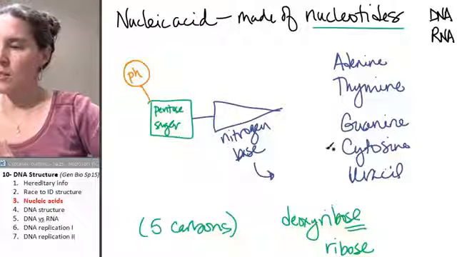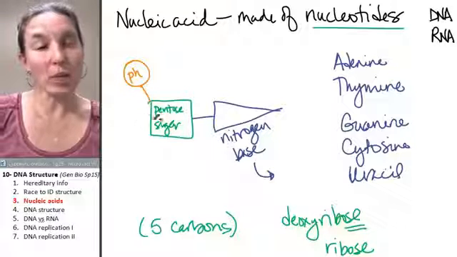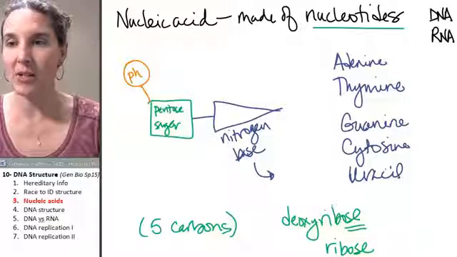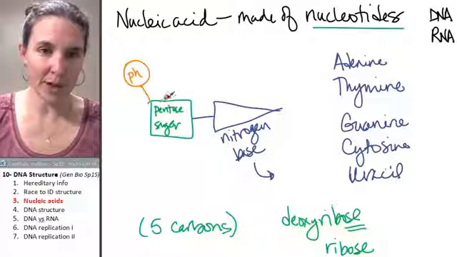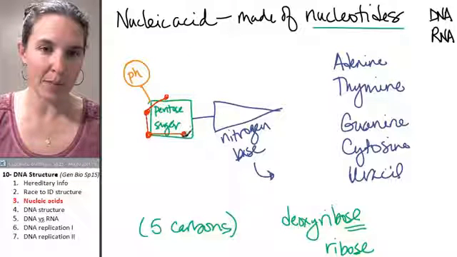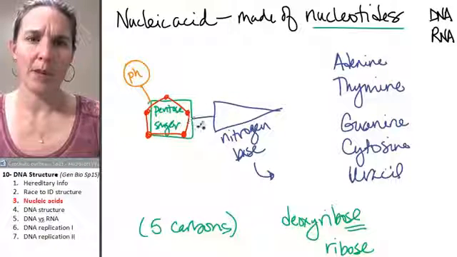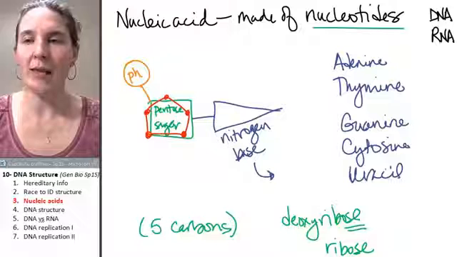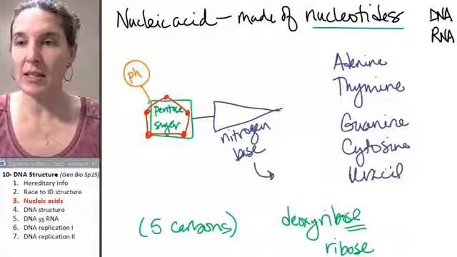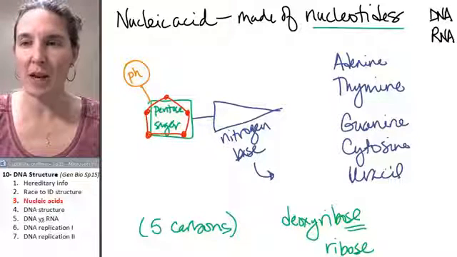Is there anything else you need to know? I'm going to tell you 2 more things. My pentose sugar, I could actually draw it as a little pentagram. And I'm going to tell you that the phosphate attaches to carbon number 5.